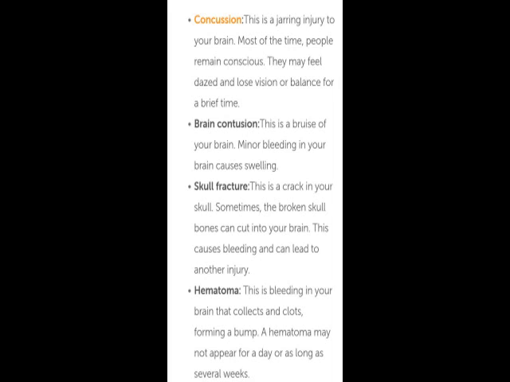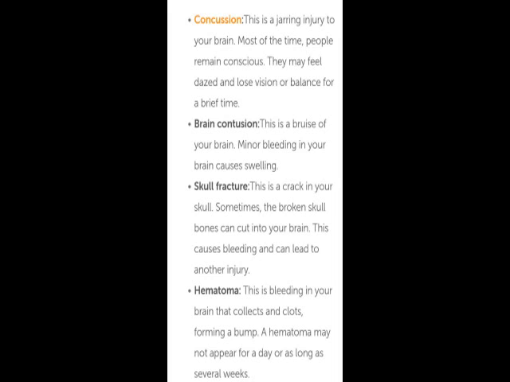Concussion is a traumatic injury that affects the brain function. That means it is caused by a blow to the head, അതായത് തലയ്ക്ക് അടി കിട്ടുമ്പോൾ, or a violent shaking of the head and body. Coming to the signs and symptoms: headache, ringing in the ears, nausea, vomiting, fatigue, blurring vision.